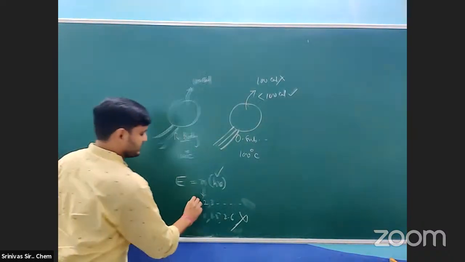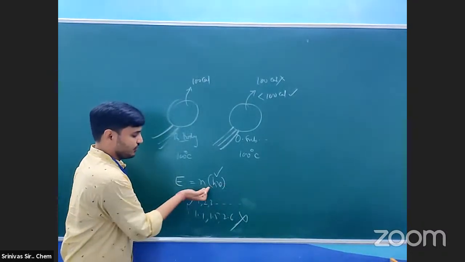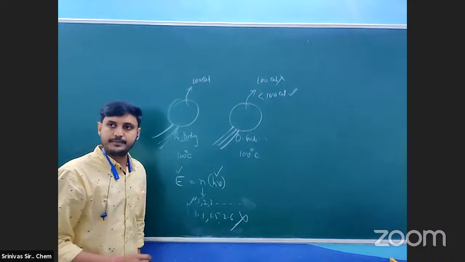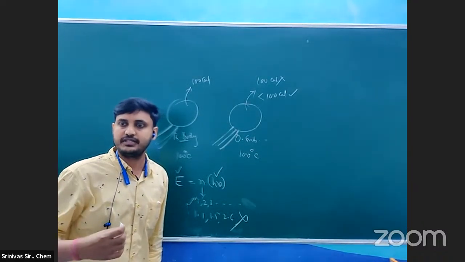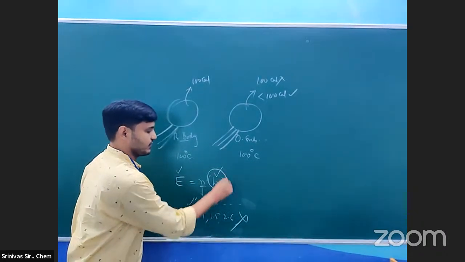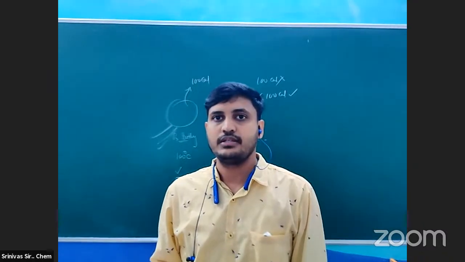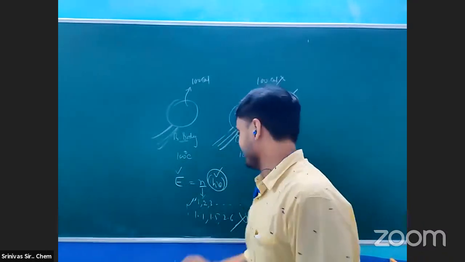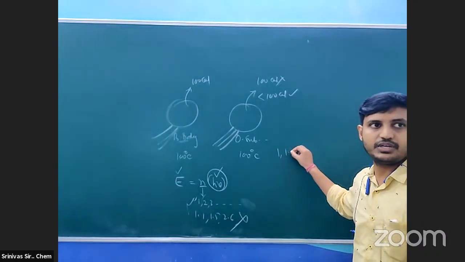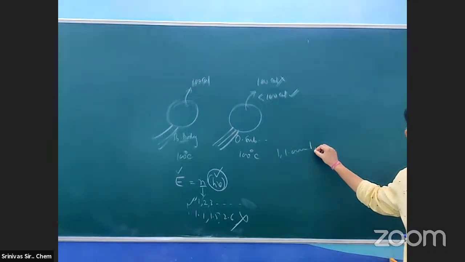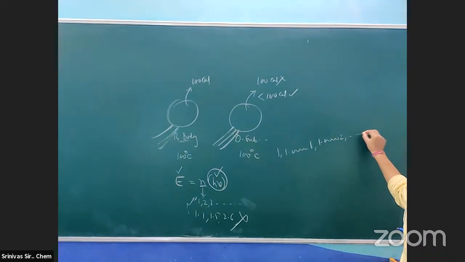So what is the difference between this and this? The total energy of the irradiated light by that black body must be a whole number of multiple of this quantum. This is the statement given by Max Planck. Suppose fractional values are allowed, after 1 there can be 1.00001, and after 1.00001 there can be 1.00002 and so on.